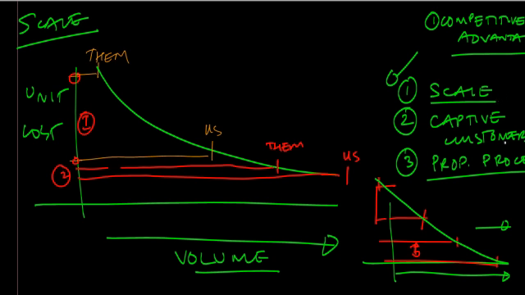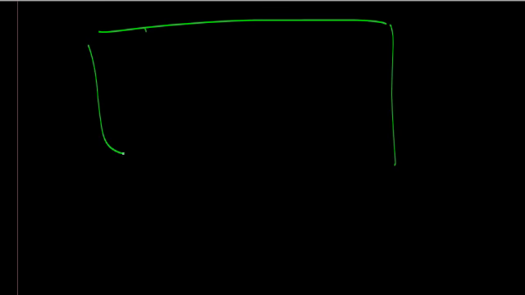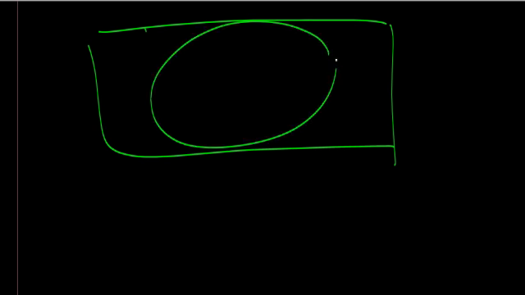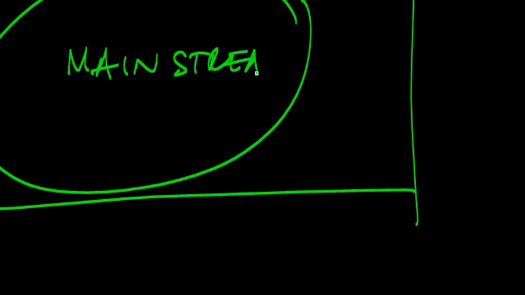Now, in terms of working with captive customers, let me add another page here. If this is the universe that includes all of my possible target customers, a large part of businesses focus on the mainstream, right? These are all mainstream customers, customers that are easy to focus on, that come to your mind immediately.